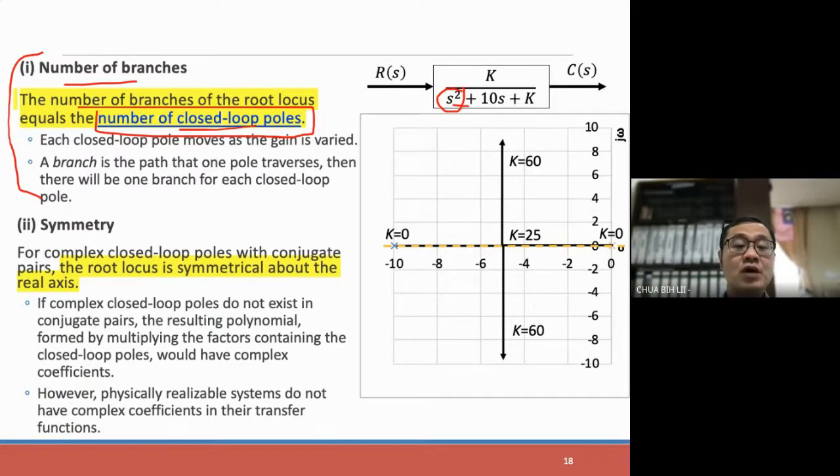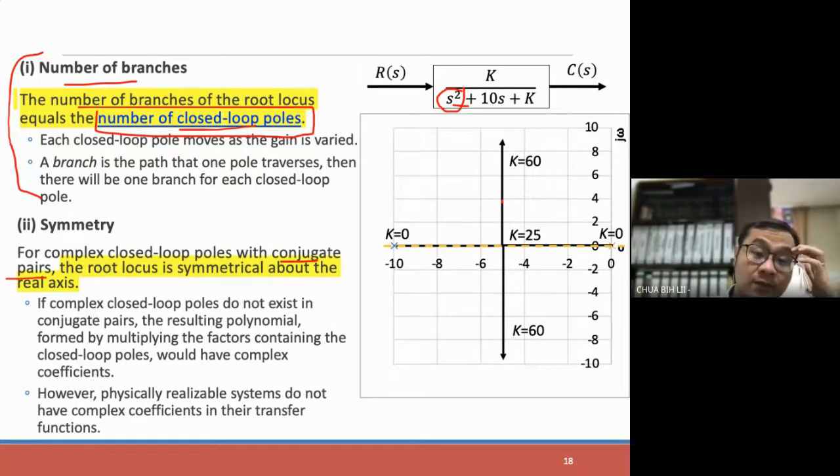How would we know that there is symmetrical characteristic or lines? It is that the complex closed loop poles occur in conjugate pairs. We always have conjugate pairs when this is a second order system, so we always have plus minus.